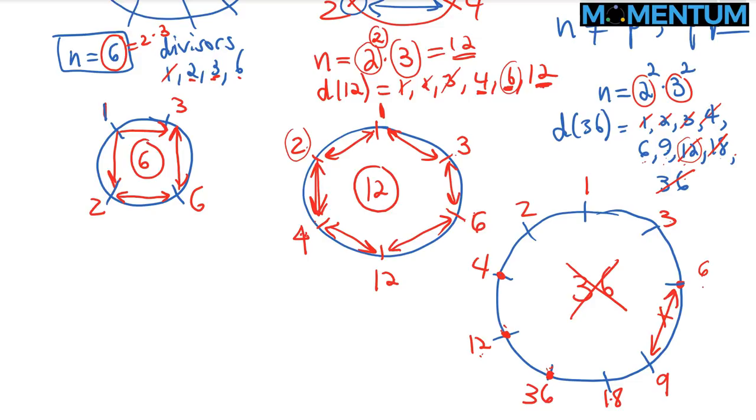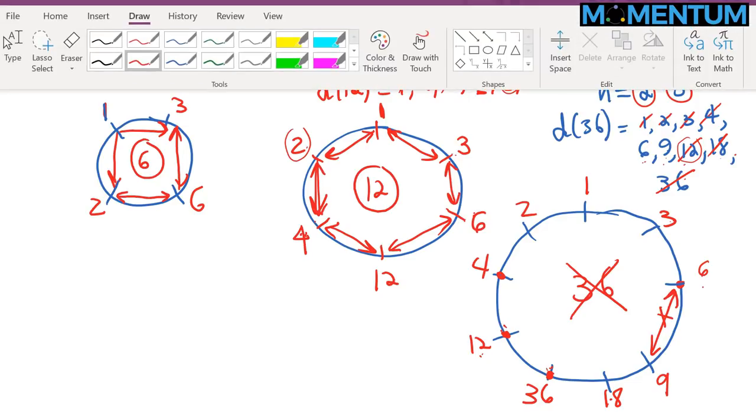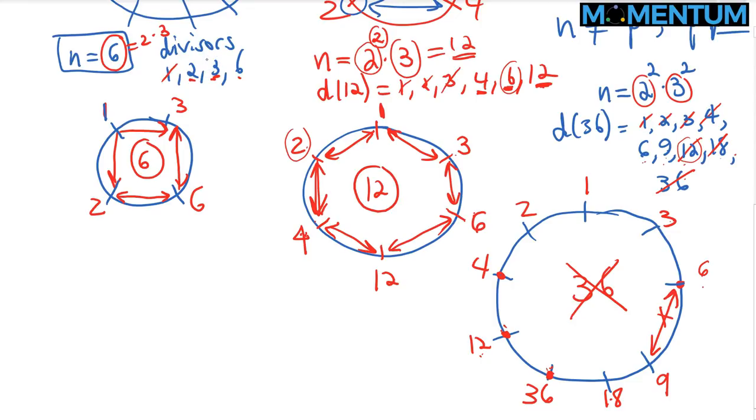What's wrong with 36? That's a question you guys can start thinking about, right? Well, we can make quite a few observations, but one thing that's happening when you go from one vertex to the next along that circle is that the two numbers are related by a single prime.